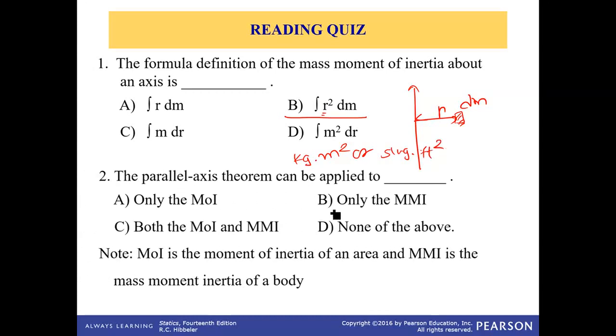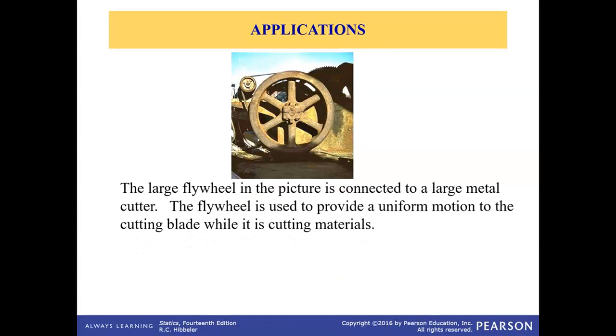The parallel axis theorem can be applied to both mass moment of inertia and area moment of inertia. Now, this moment of inertia is different from area moment of inertia in the sense that area moment of inertia is resistance to bending, and mass moment of inertia is resistance to angular acceleration.